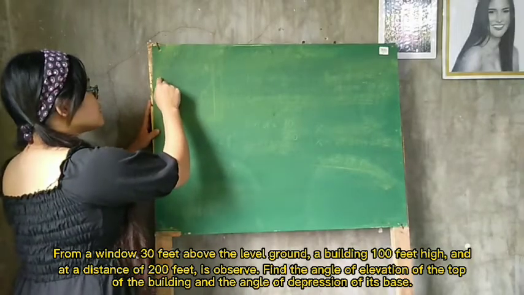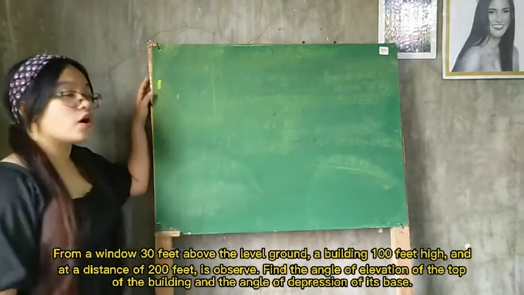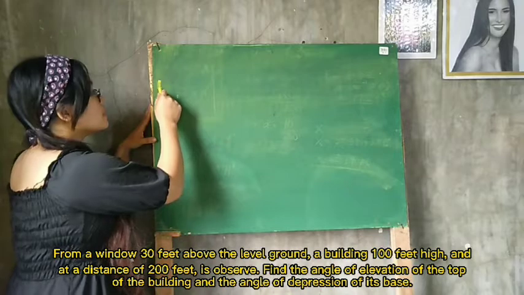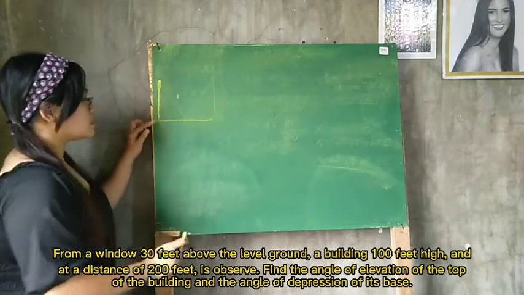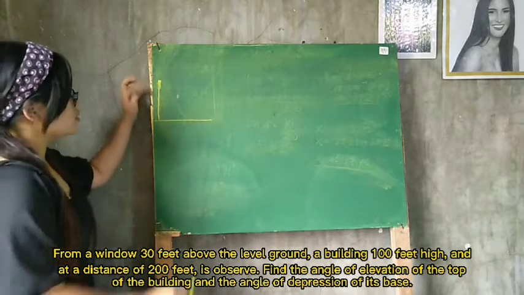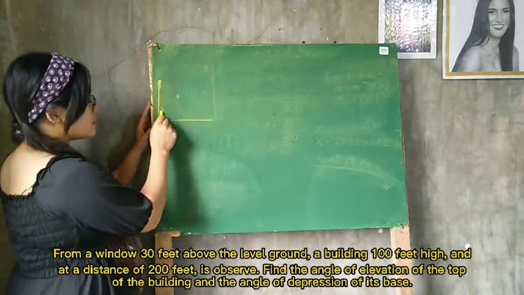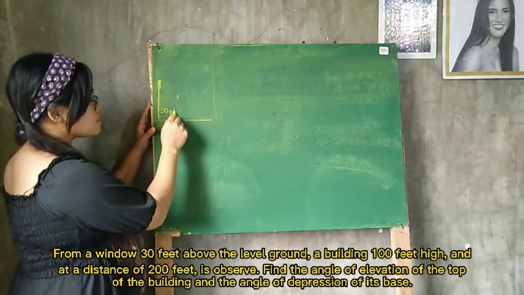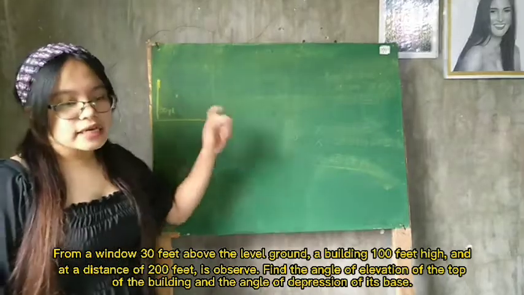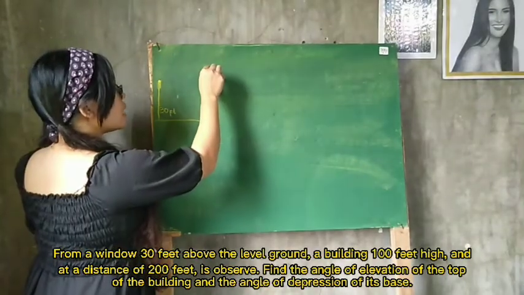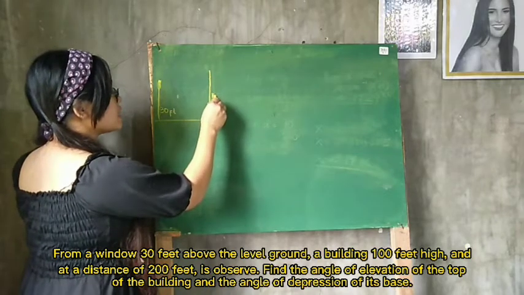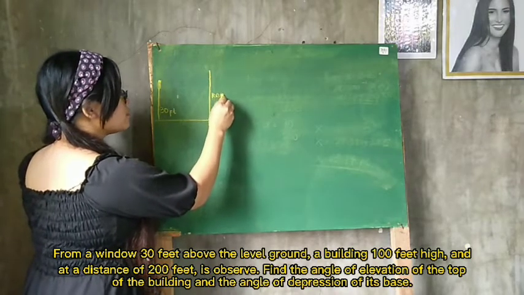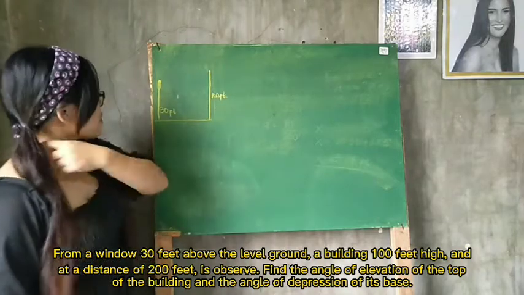It is said that the window is 30 feet high above the level ground. So let's assume this is the level ground, this is the window, and this line is 30 feet. Then there's another building which is 150 feet high.